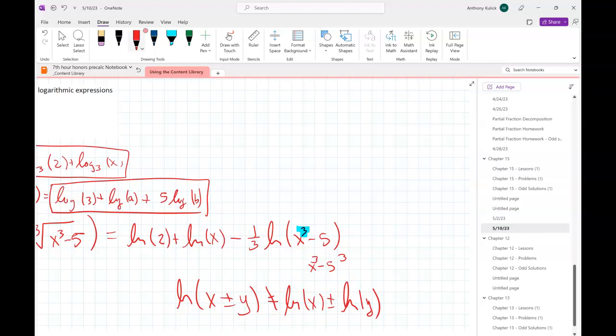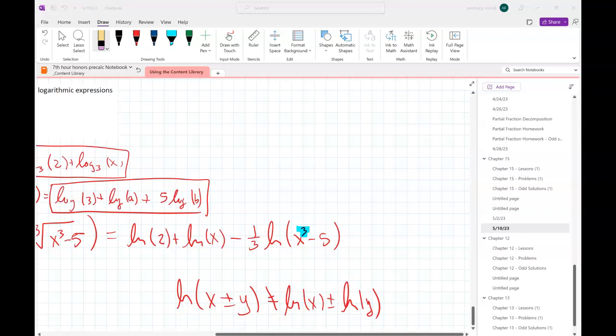You could factor it as a difference of cubes and do a product property then. But with what we have written here, x cubed minus 5, there's nothing to do with that at all. Even though there is an exponent there, don't be fooled, because the exponent isn't around the entire argument inside that logarithm. Does that feel okay? You guys see the difference? Okay.